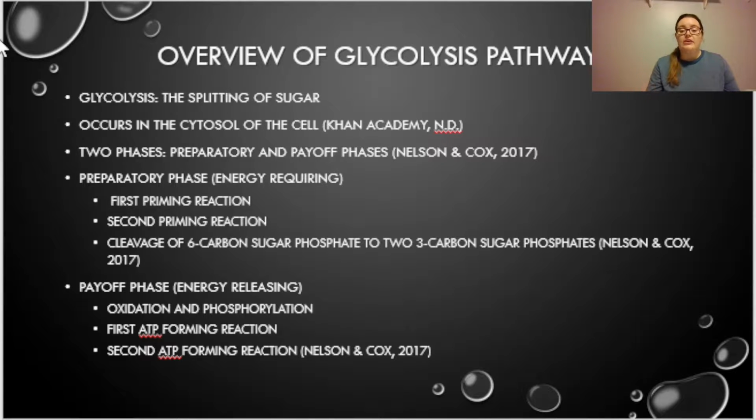So the oxidation conversion of G3P comes about, and then it is converted to our 2 molecules of pyruvate that we need, and then the coupled formation of both ATP and NADH comes about as well. So we have the first ATP forming reaction, and then we have the second ATP forming reaction occurring, because we do make a net worth of 2 ATP molecules in the glycolysis process.